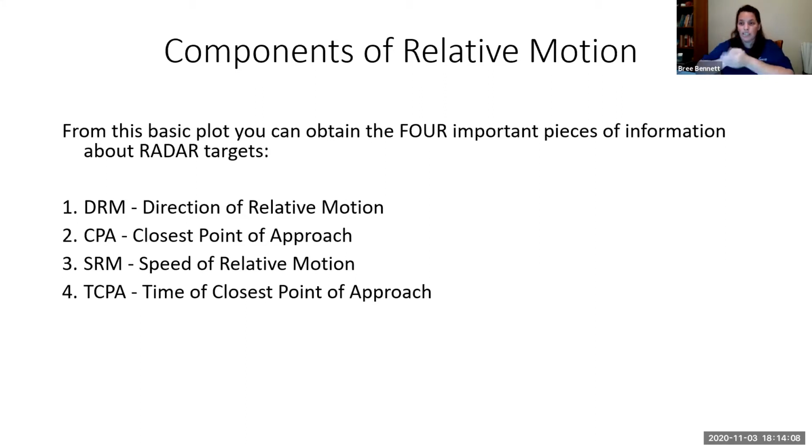On my reference sheet, there is a guide of acronyms, because we start using DRM, CPA, TCPA, throwing out all these acronyms that can be very confusing, but I'll try to say what each actually is. So these are the 4 basic things that we're concerned about.